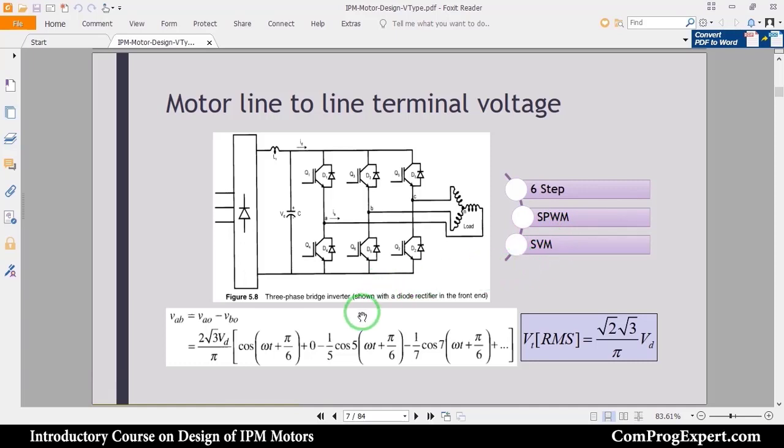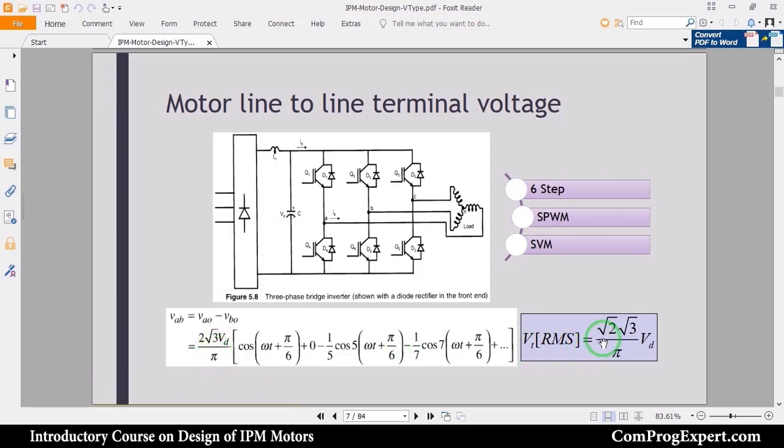So this equation is for 6-step switching. For example, if we use 6-step switching, the VAB, the line-to-line terminal voltage, is equal to this expression. The peak value of the fundamental harmonic is equal to 2 times SQRT of 3 times VD, where VD is the voltage of the DC link, divided by pi.